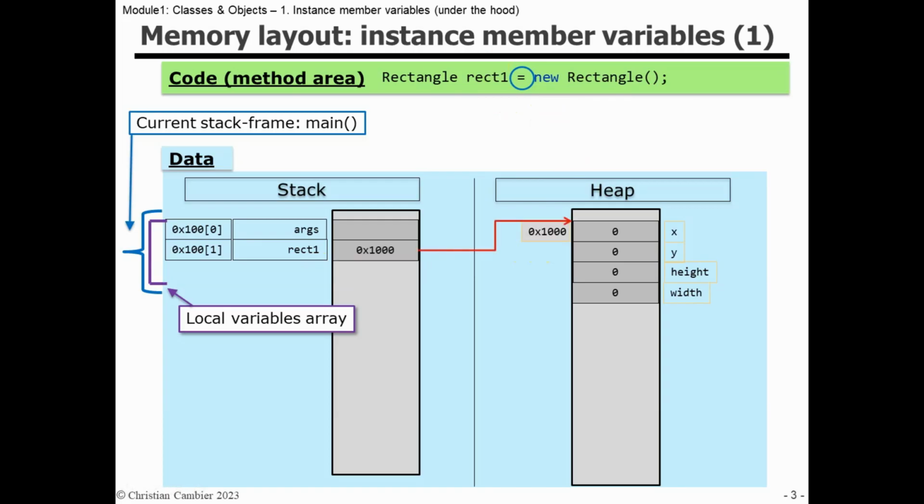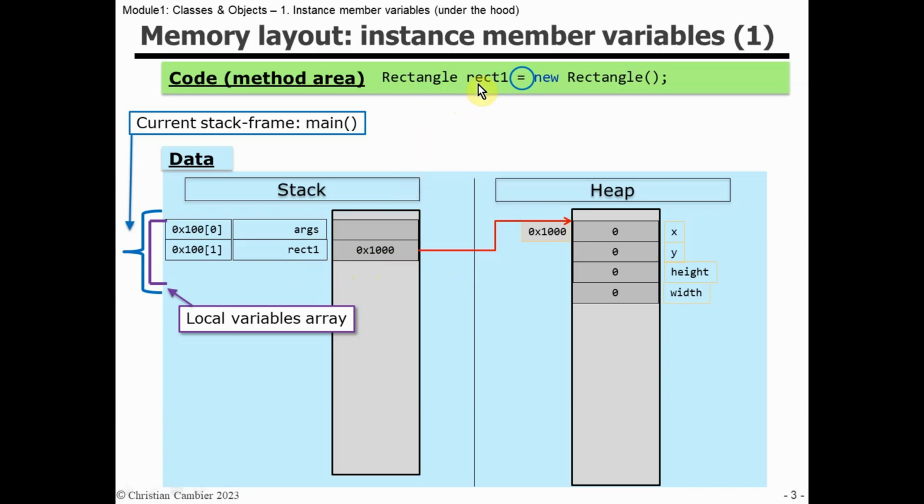And now we have rect1 containing the address of an object on the heap, and so we say that it refers to, or it points to, and in C and C++ we use the term pointers, but it means the same thing. So rect1 refers to an object that is located on the heap at address 1000. rect1 is a reference variable.